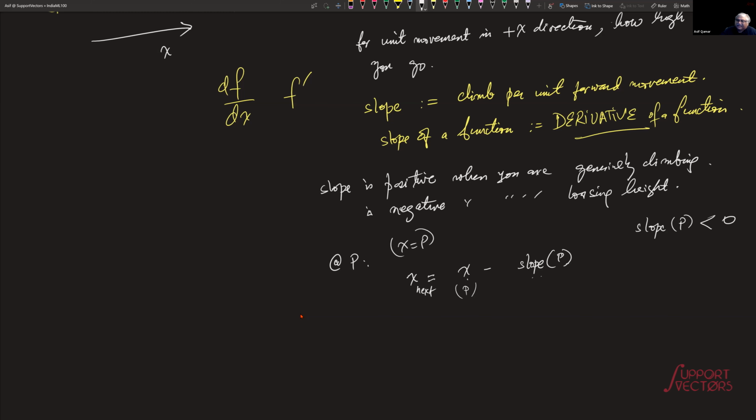Let us say for the sake of argument, the slope is minus 0.5. So x minus (minus 0.5) is equal to x plus 0.5. So your next value is a little bit more in the positive direction.